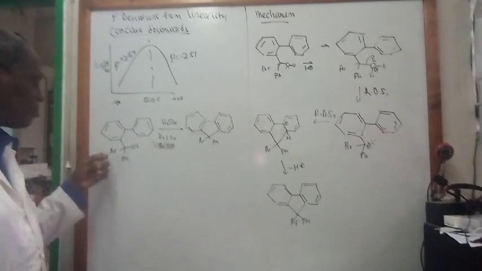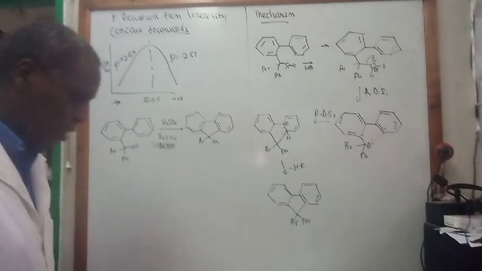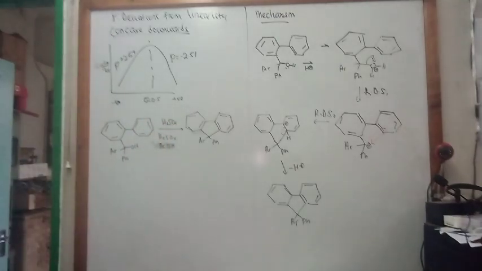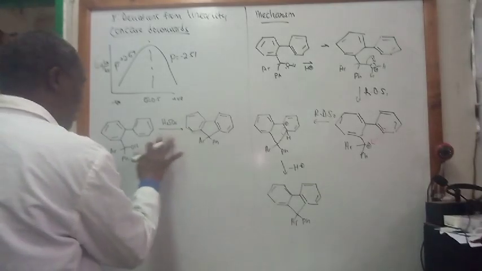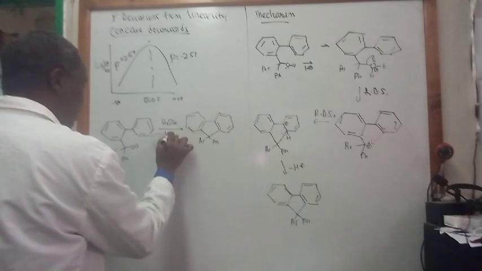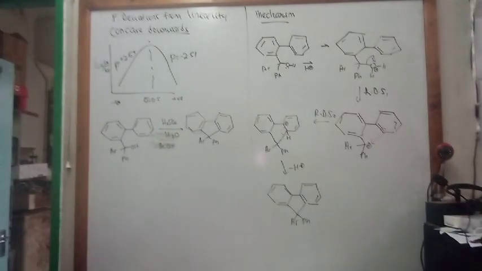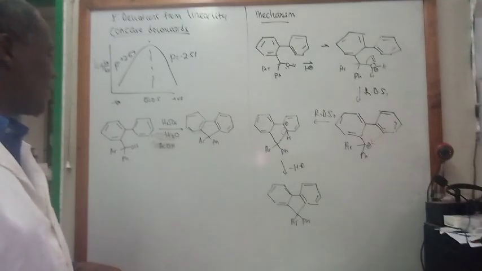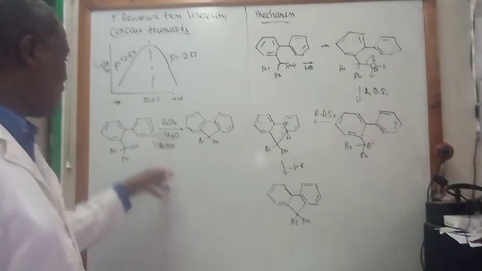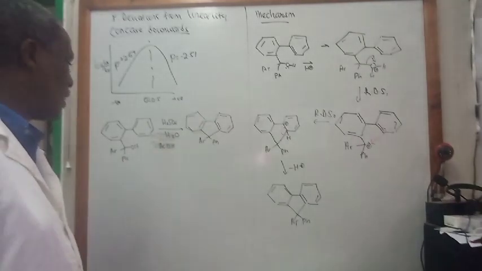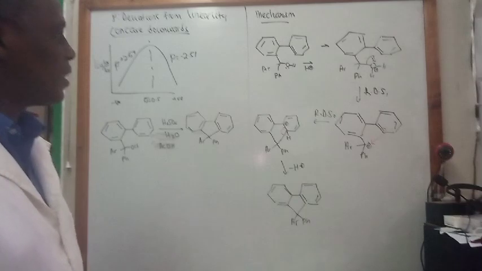In this case, it's being done in sulfuric acid, H2O. So it's a mixture of three solvents: sulfuric acid, water, and acetic acid, AcOH. And then they were actually forming this product.